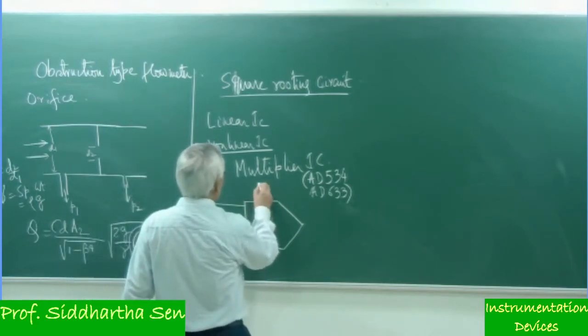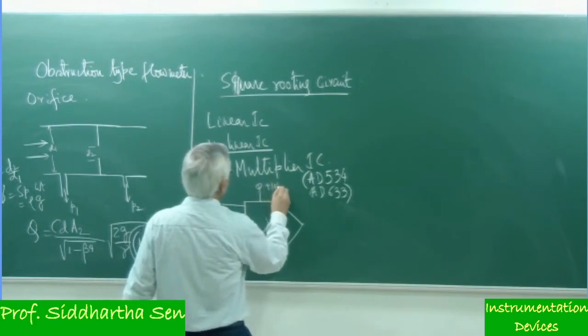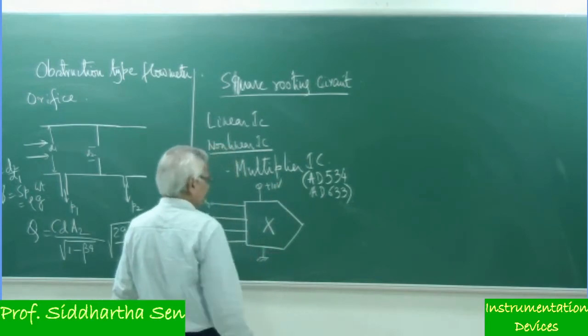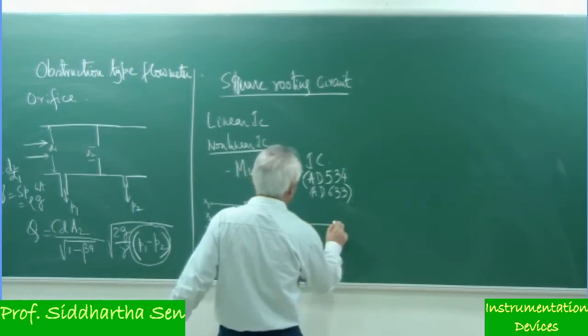Its supply is normally plus 10 volt, and the other one is ground, and this is the output V out.